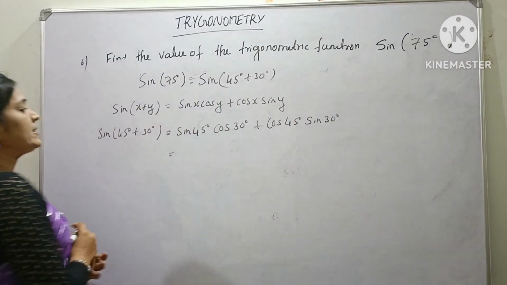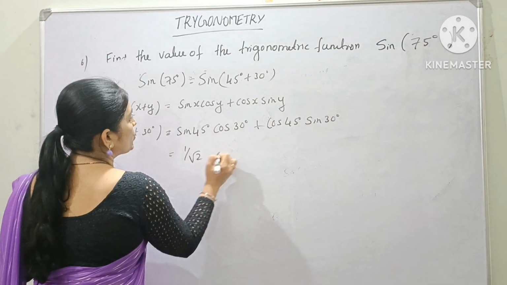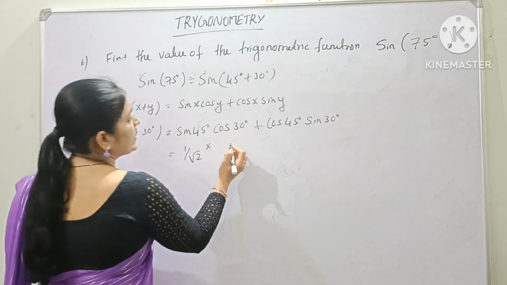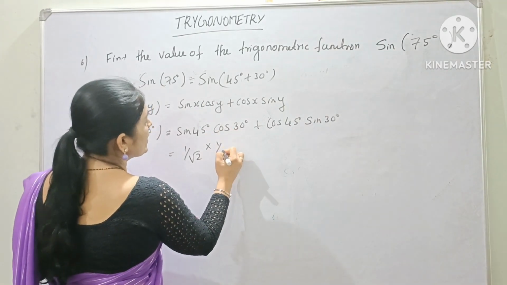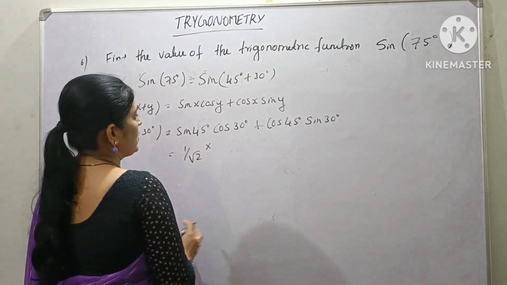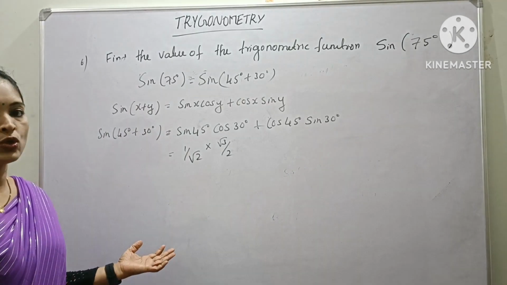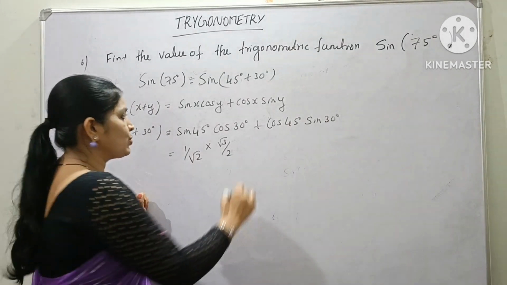Okay. What is sine 45? Sine 45 is 1 by root 2 into cos 30. Cos 30 is root 3 by 2. Sine 30 is 1 by 2.